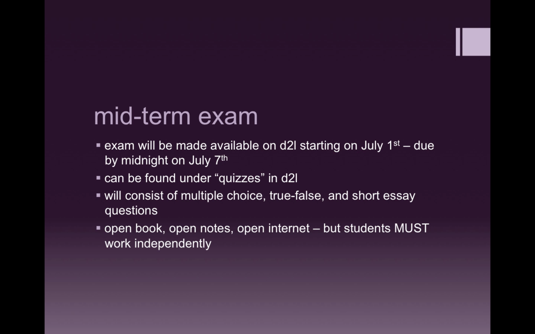You can find the midterm under quizzes in D2L. It'll be timed. I'm not sure exactly, it depends on how long I make it. But I will put a news item up to announce when the quiz is available and how much time you will have and how many attempts that you will be allowed.